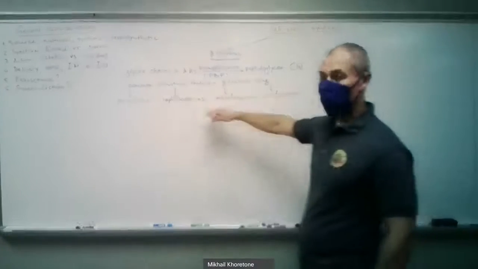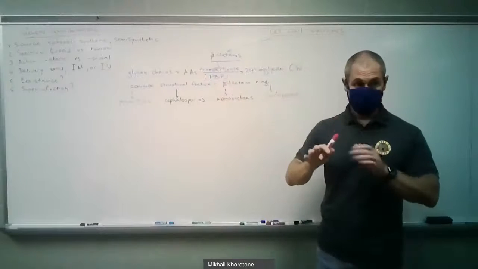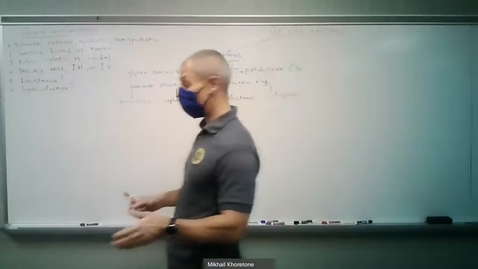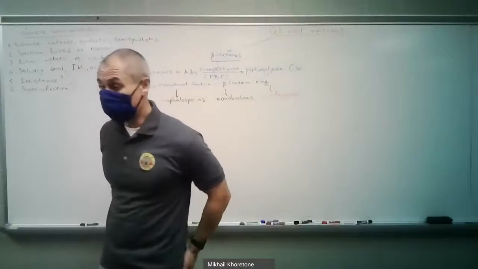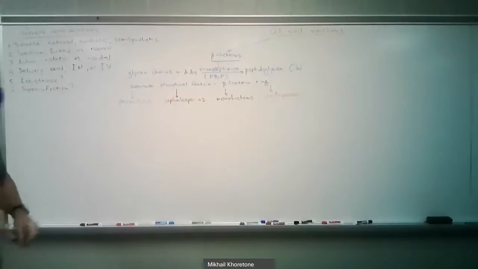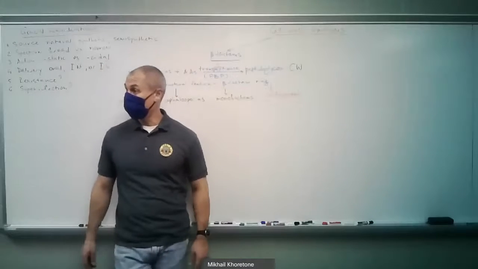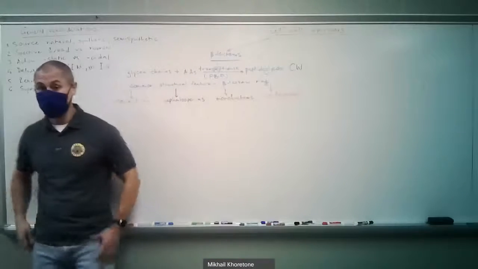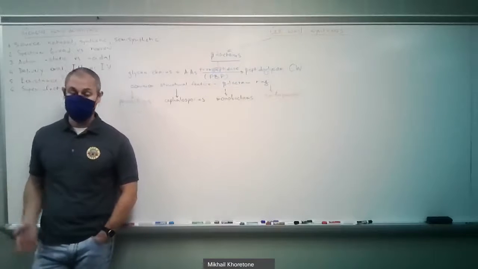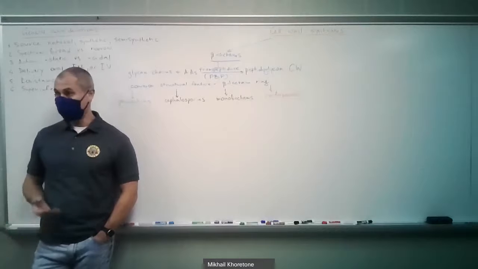All these four classes have beta-lactam ring. Does that make sense? They have different side chains, okay? They are different from each other, and those different side chains that are added to beta-lactam ring change the spectrum of action, the bioavailability, and allow them to overcome the resistance.